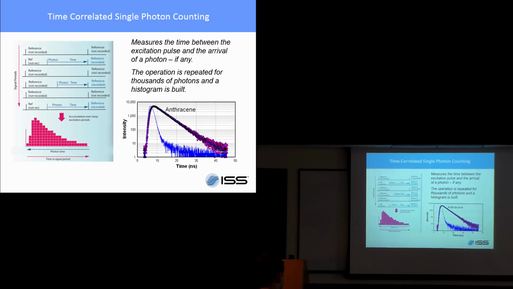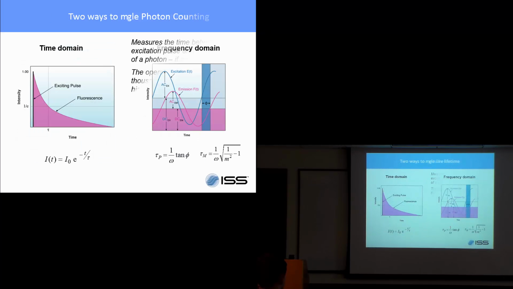Sorry, which factor considers the environment, because lifetime may vary from solvent to solvent? Oh no, these are just general equations that are used in the instruments to measure the lifetime.